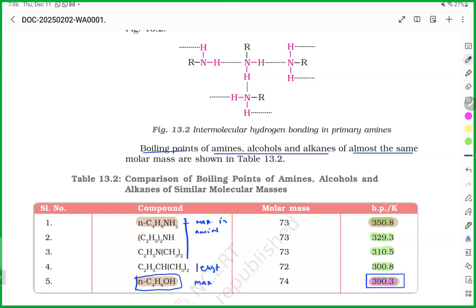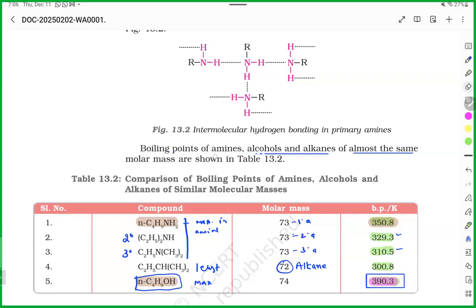And another example, here you have secondary amine, that's why less than primary. And in case of tertiary amine, it is minimum. And the lowest in case of alkane. Correct? So primary amine, secondary amine, tertiary amine, and this is alcohol. Understood?